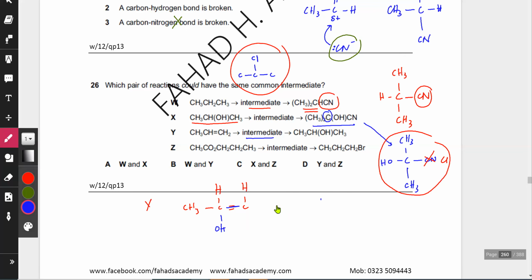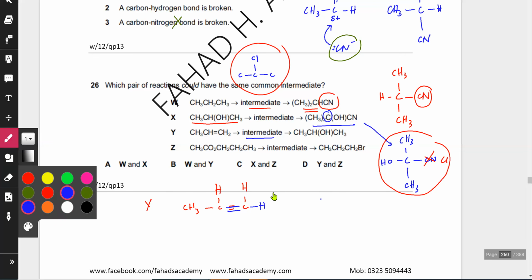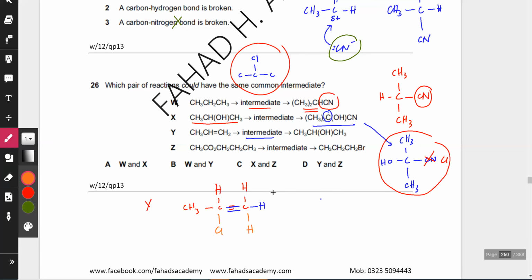So instead we can choose this path: there's a double bond, and I can add HCl to it. H could be added and a Cl could be added. That's an addition reaction. And then nucleophilic substitution could happen and the Cl can be replaced by OH. And you can get this molecule over here. So the intermediate would be this one.